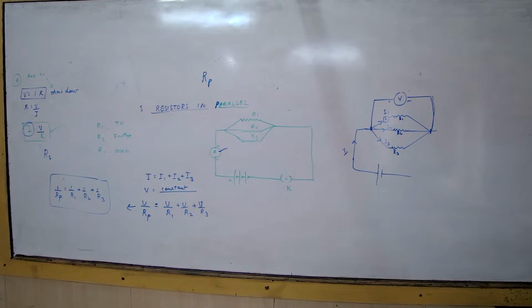Did you notice what he said? Very good, it has increased. When you're connecting the resistors in parallel, the current increases, and we can now look at the total combined resistance of this combination of resistors in parallel.